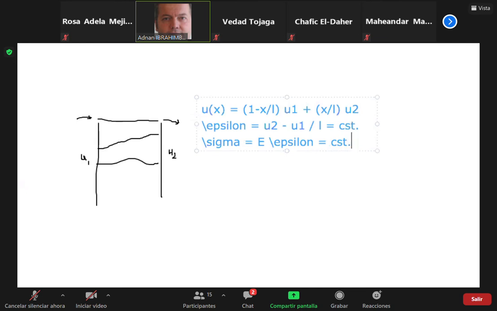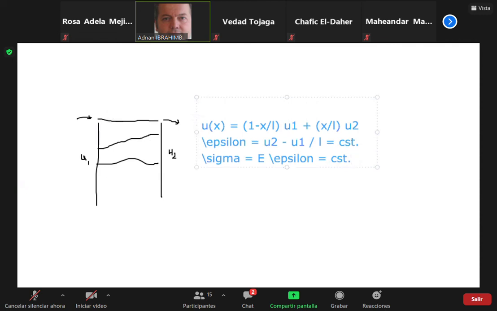So if I have such a model, this is the simplest two-node truss element.